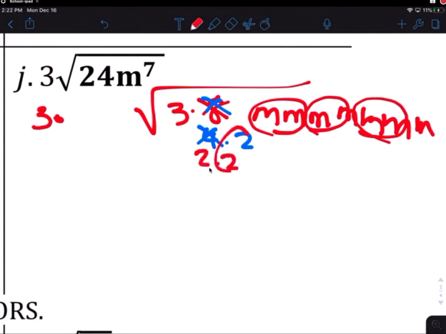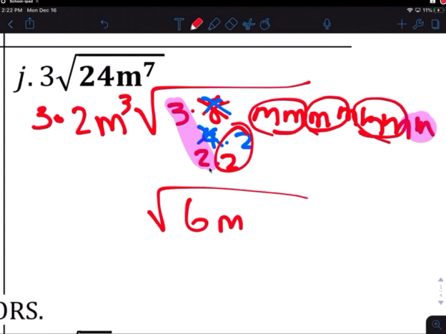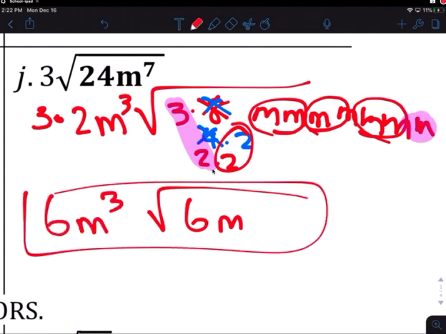Okay, so you got 1 here, so 2 to the first, and then m to the third, with these 2 and this one left. 6m, 6m cubed, and that's your answer. Okay, I'll come back and finish the rest.